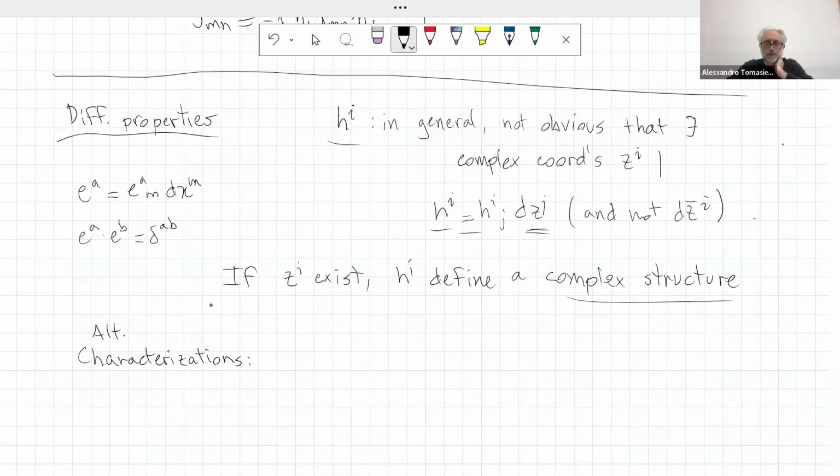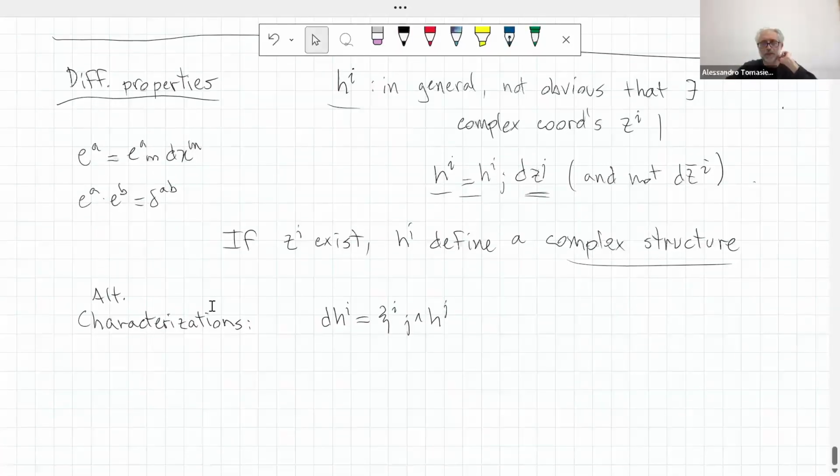So what follows from this is that the dh^i should always be of the type something, let me call it psi, wedge h^j.